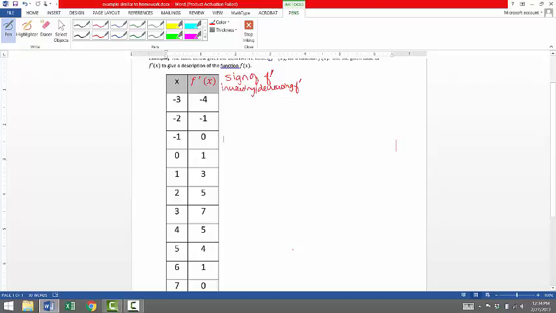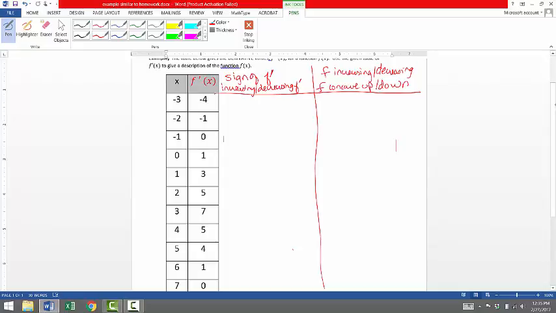I'm saying sign of f prime, increasing or decreasing f prime. I'm going to make a nice area here for me to write my descriptions. And then in the column on the farthest right side, I'm going to write a description about f: f increasing, decreasing, and also f concave up or down.